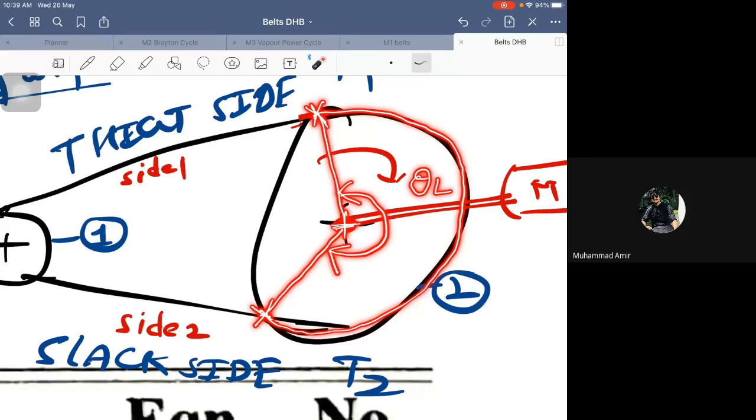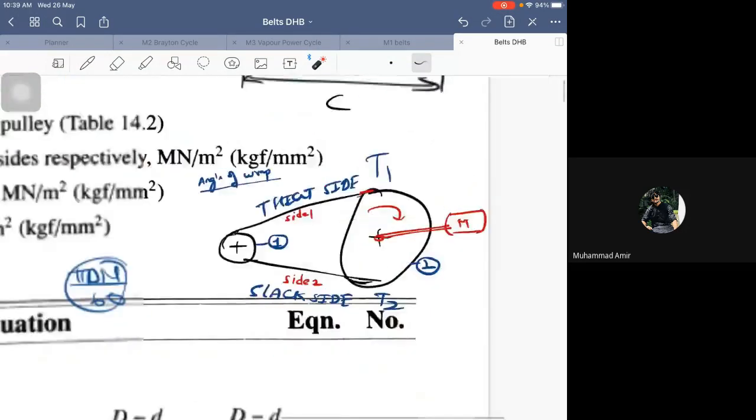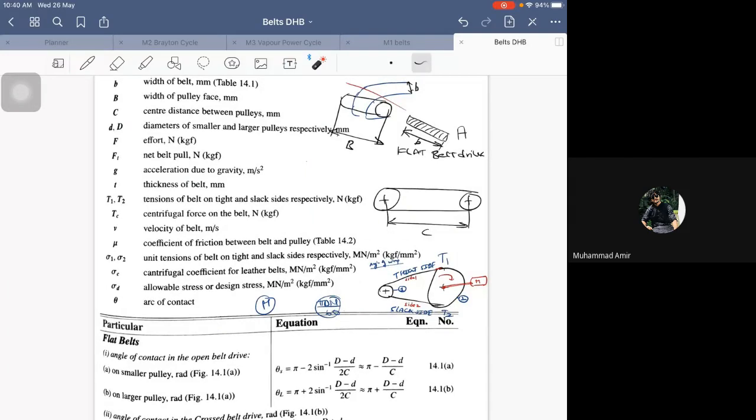Got it? So the angle of wrap for the smaller pulley and for the larger pulley is known as theta, or theta L. Angle of wrap is also called the arc of contact. It has several names, but you will mostly call it angle of wrap or arc of contact.